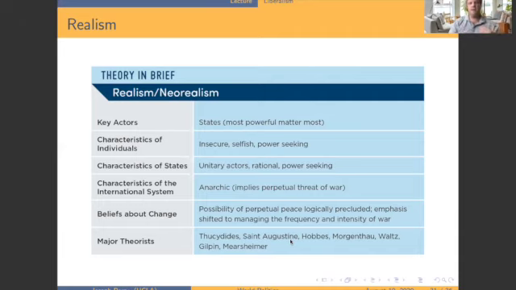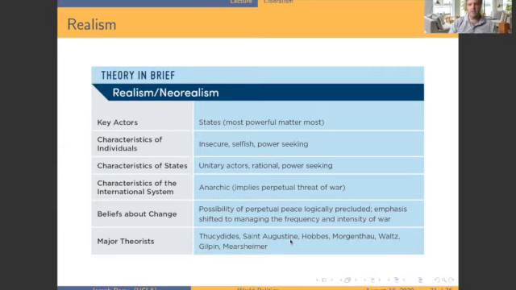As a result of this, realism has a pessimistic view of human nature. Stemming from Hobbes, it views that in a world without government, and since a world government is impossible, life in the international system is short, nasty, and brutish.